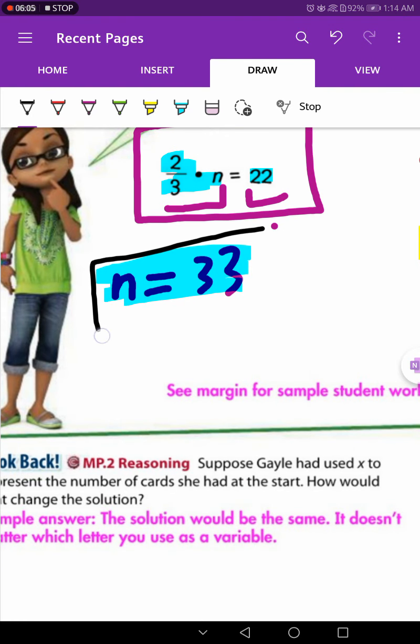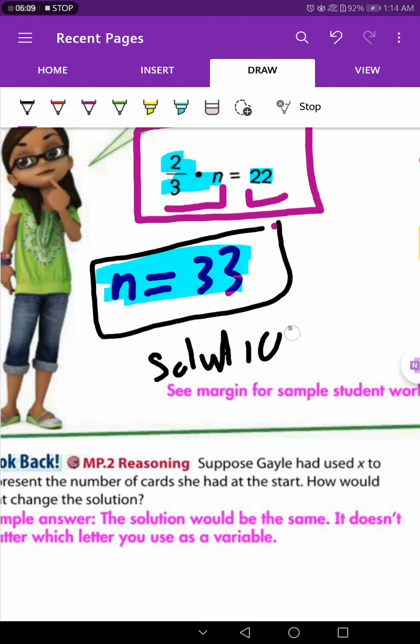This is called the solution of the equation, or we call it the value that makes the equation correct. So if you multiply 2 over 3 by 33, you will get 22. You can try by yourself.